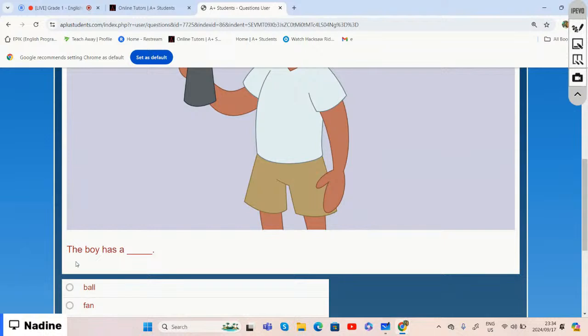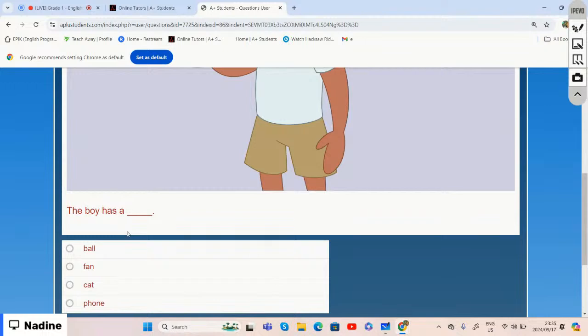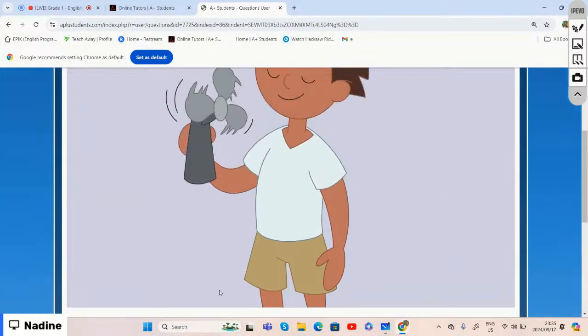It says the boy has a. What does the boy have? Do we say the boy has a ball? The boy has a fan, option 2. The boy has a cat, option 3. Or the boy has a phone, option 4. What does the boy have in his hand?